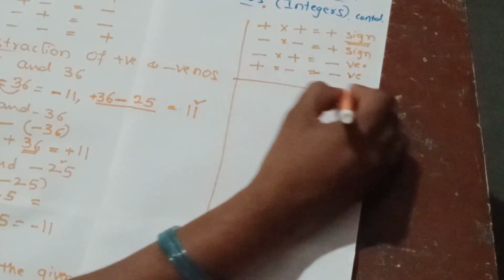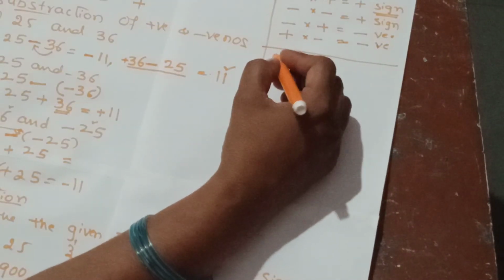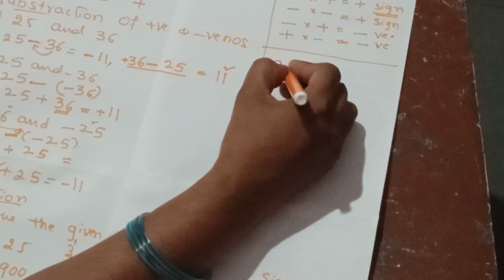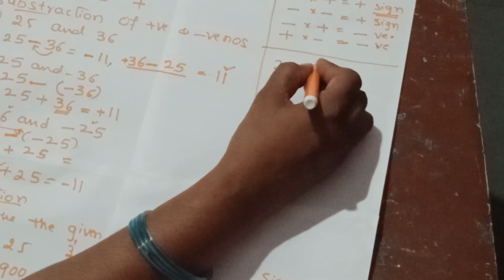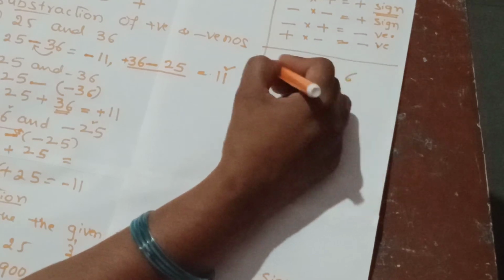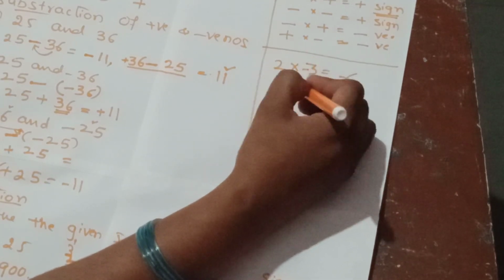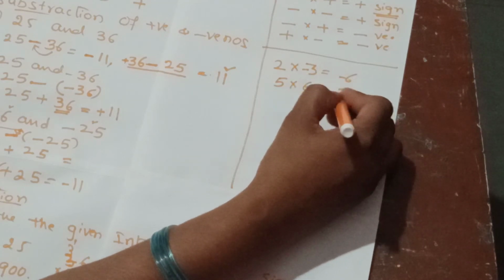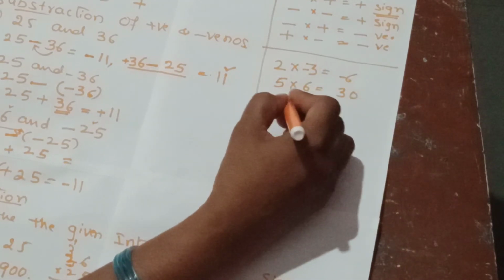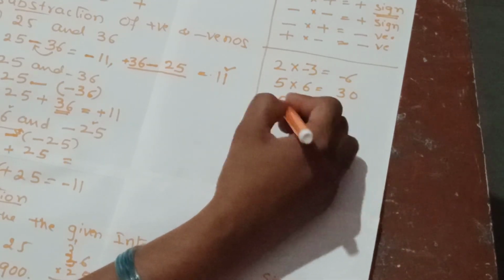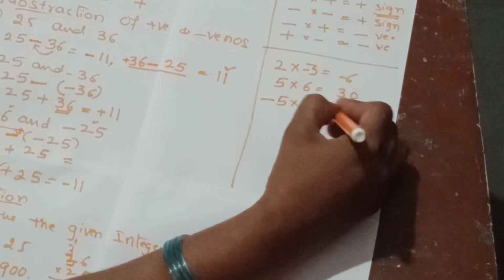Okay, so finally I would like to conclude this way. So 2 into minus 3, 2 3s are 6, plus minus minus. 5 into 6, both are positive, so 5 6s are 30, very simple. Minus 5 into 7, 5 7s are 35, minus.